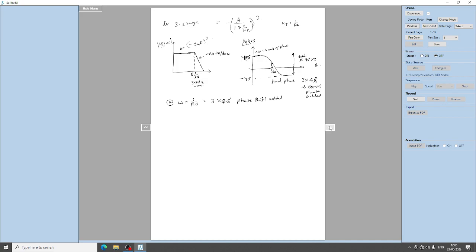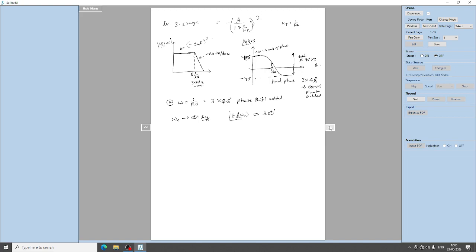Okay. So we have omega naught, which is an oscillating frequency. That is what we have to calculate. So H of j omega naught should be equal to 360 degree. This is the necessary condition. Okay.